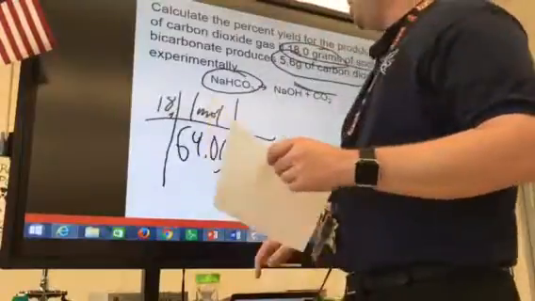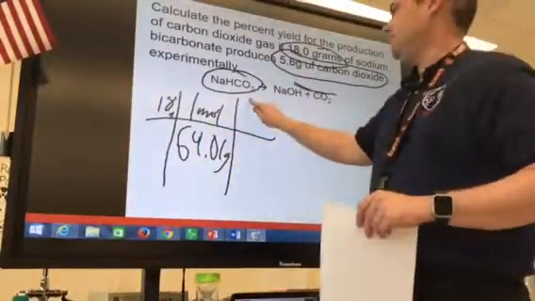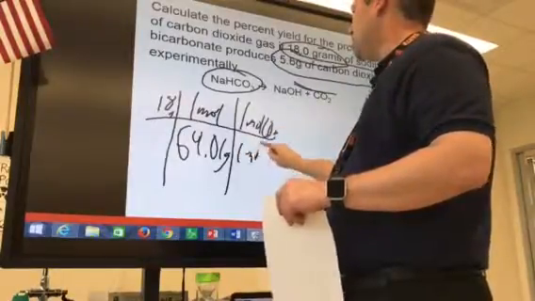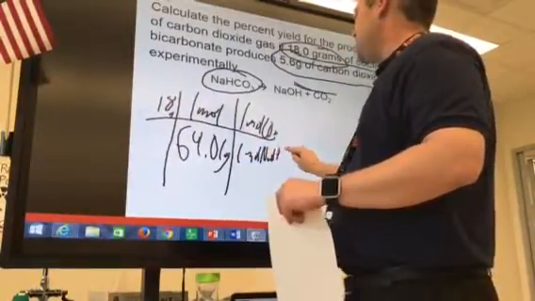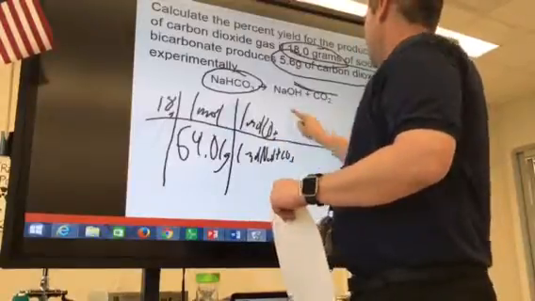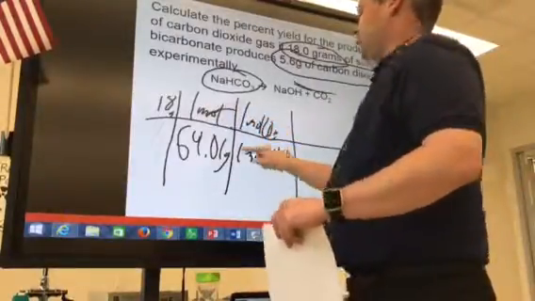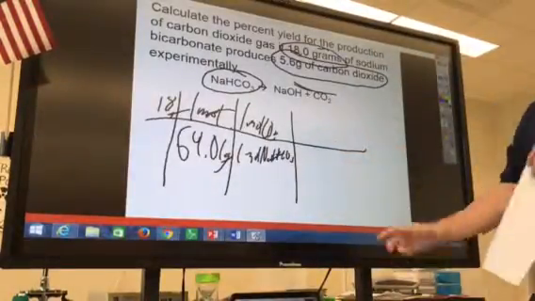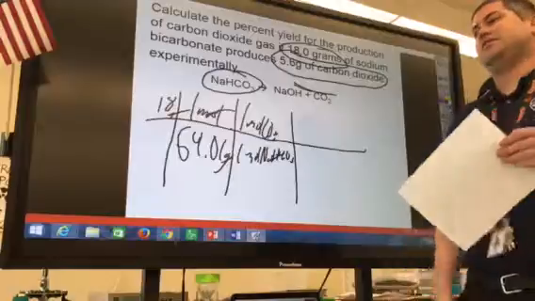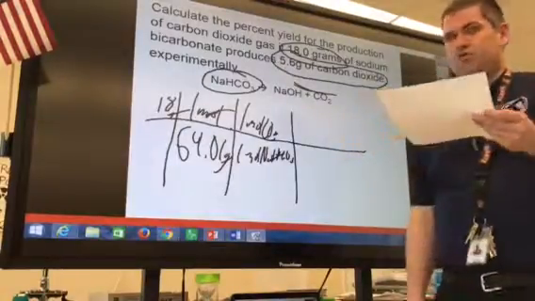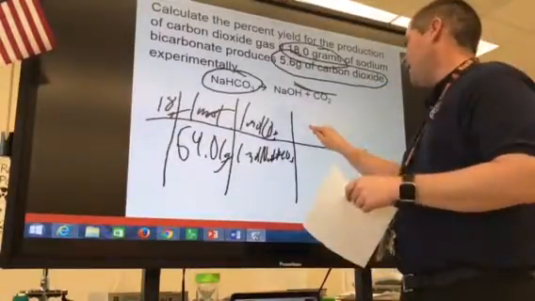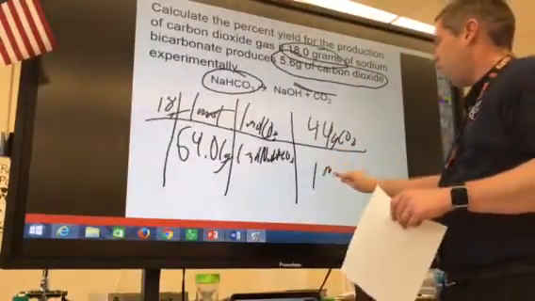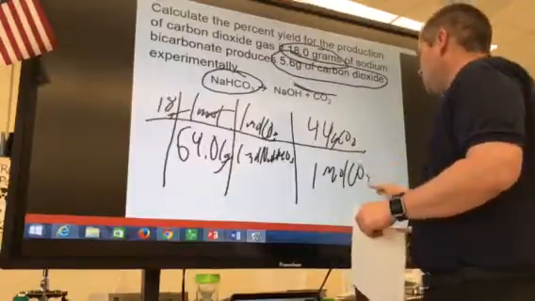Then I come over here. It's a 1-to-1. 1 mole of CO2 equals 1 mole of NaHCO3. Cancel, cancel, cancel, cancel. Now how do I get grams of CO2? I take 16 plus 16, which is 32, plus 12 is 44 grams of CO2 to 1 mole of CO2.